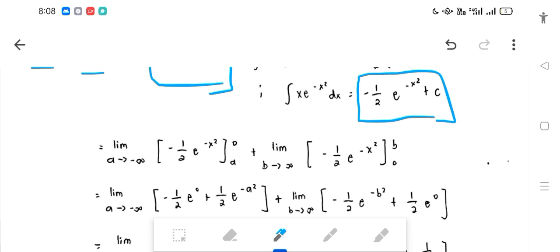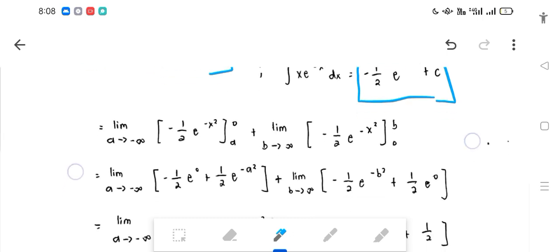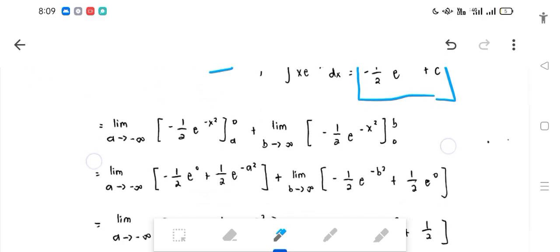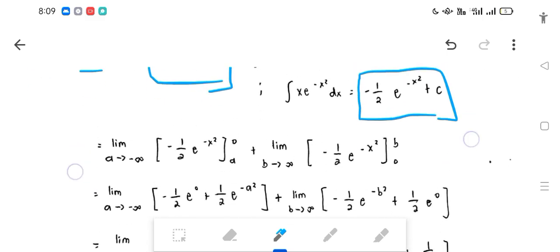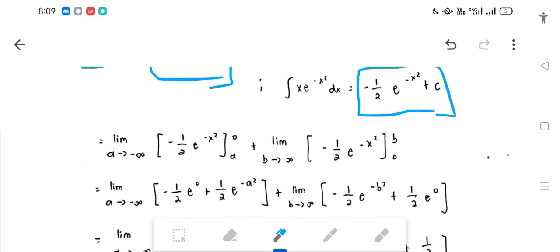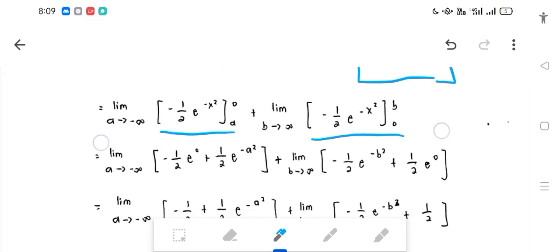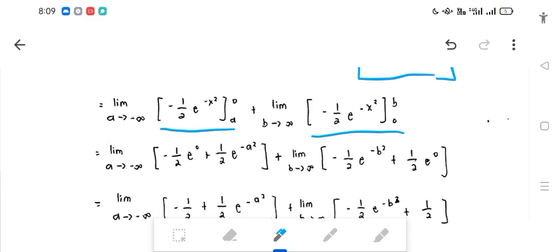And now we're going to evaluate the definite integral from a to 0, and we're going to evaluate this one also from 0 to b. And in evaluating that, we're just going to substitute the upper limit and the lower limit.